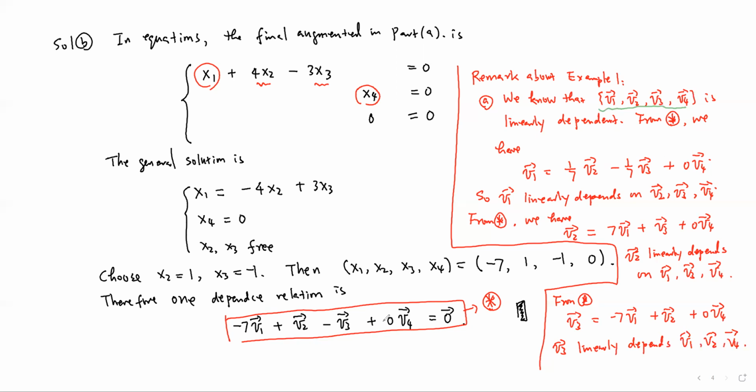How about V4? If I move V1, V2, V3 to the right side, but this time I cannot divide the equation by 0. Let me write on the last page.